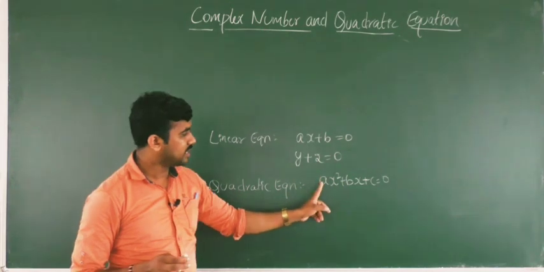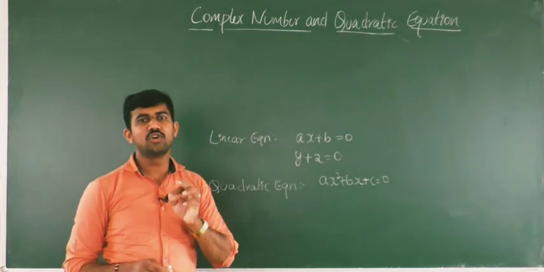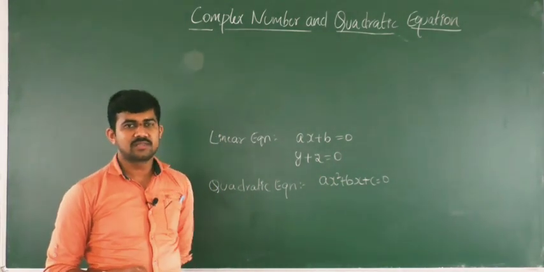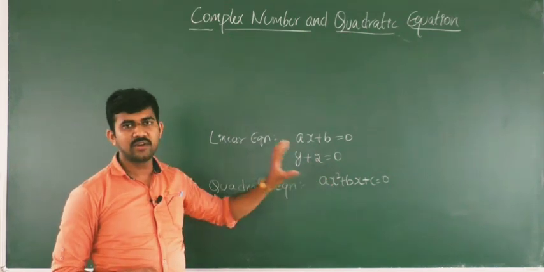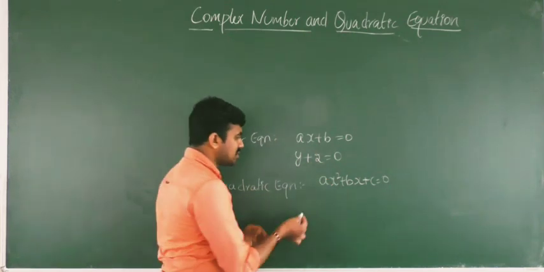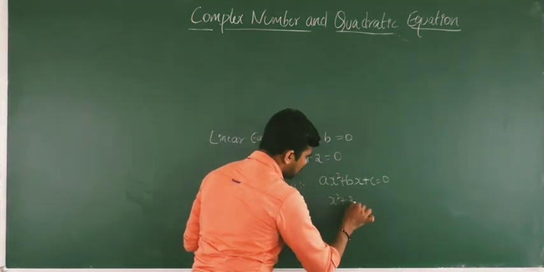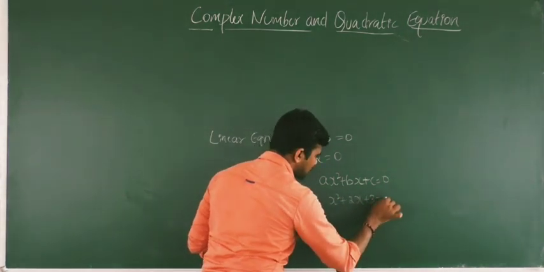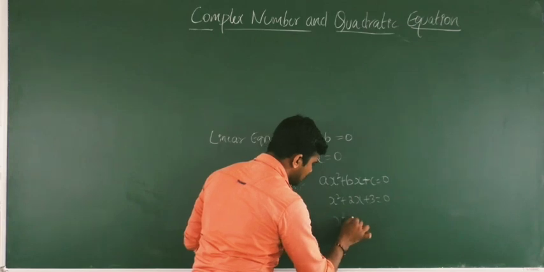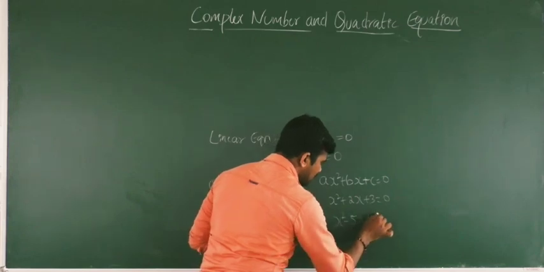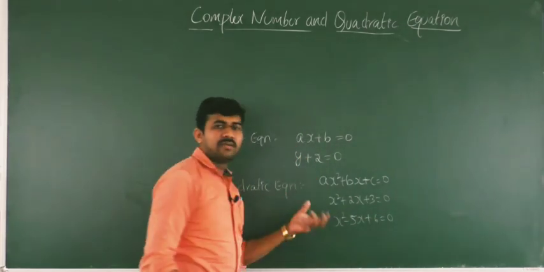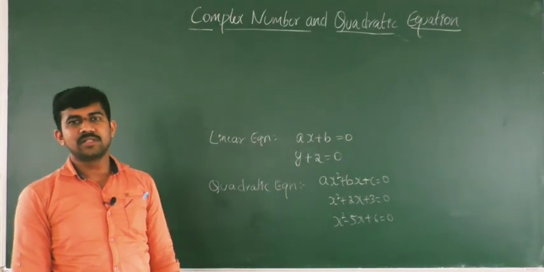And here a, b, c are coefficients or real numbers. So this you studied in your high school, right? You can give any example for a quadratic equation like x square plus 2x plus 3 is equal to 0, or x square minus 5x plus 6 is equal to 0. Like this we can give several examples.